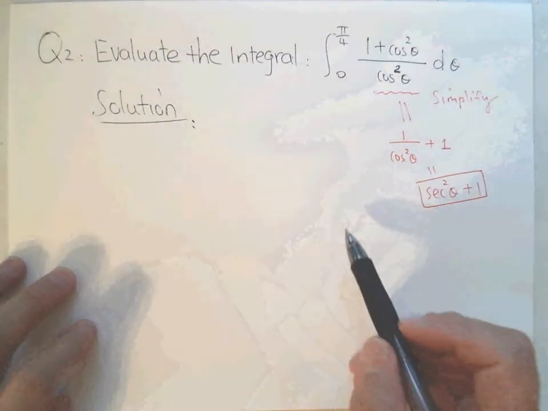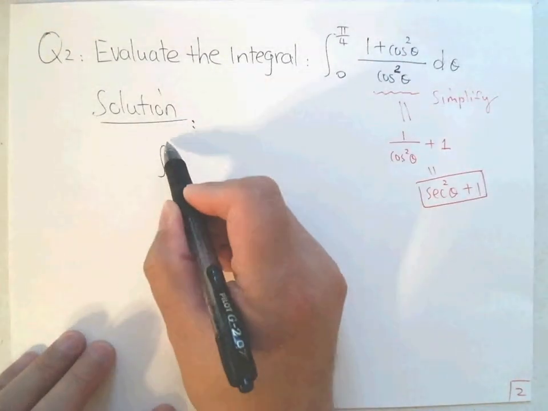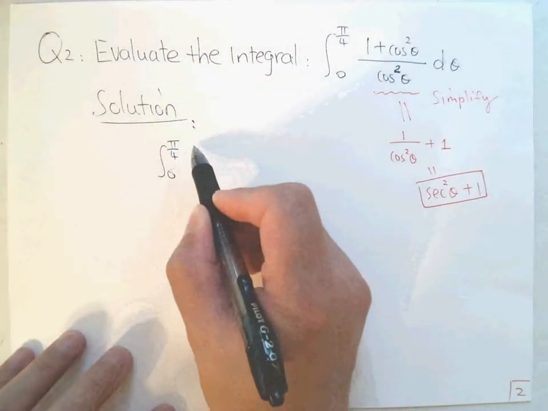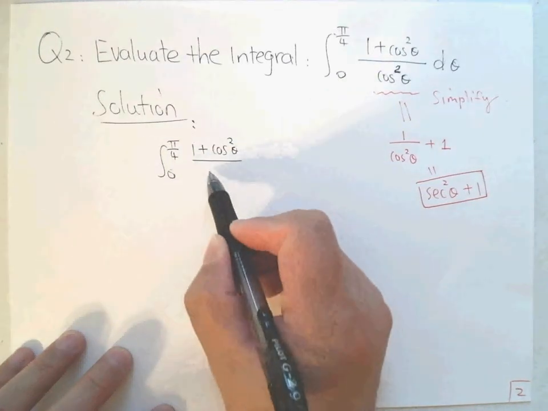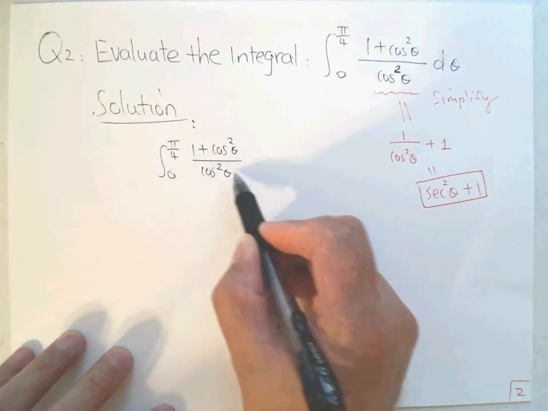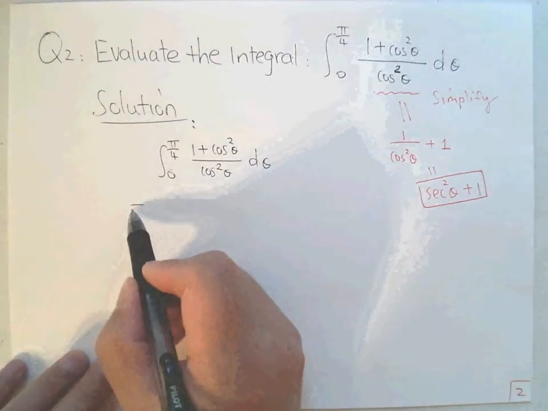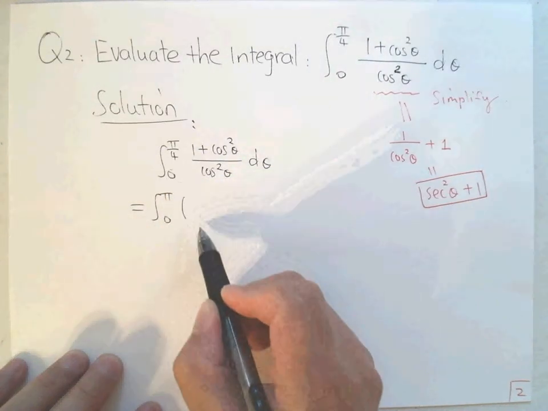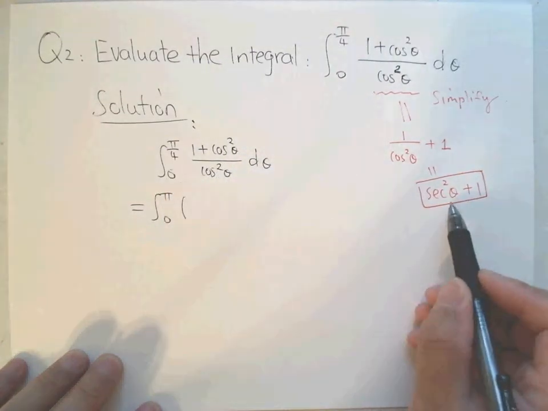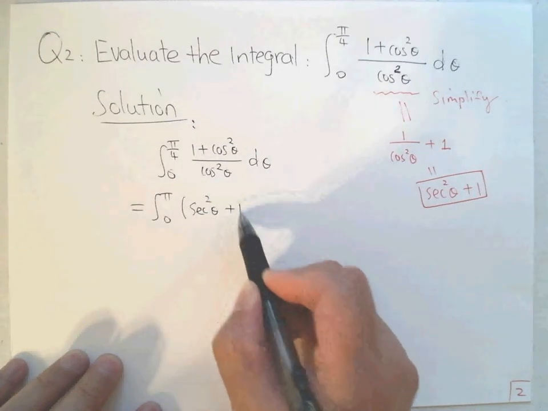The original is the integral of 1 plus cosine squared theta over cosine squared theta d theta. By simplifying, the integrand goes to secant squared theta plus 1.